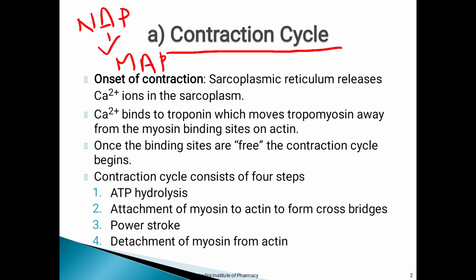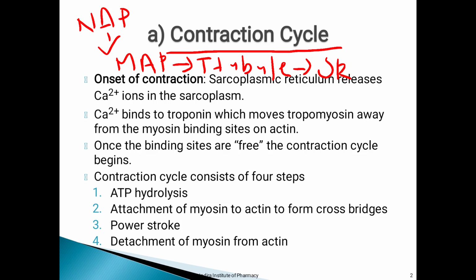Now the muscle action potential will travel to the T-tubule, which is called the transverse tubule, and then it will travel to the sarcoplasmic reticulum.